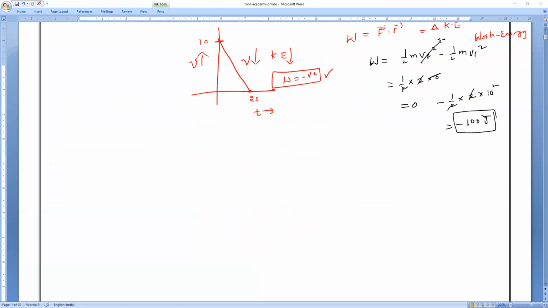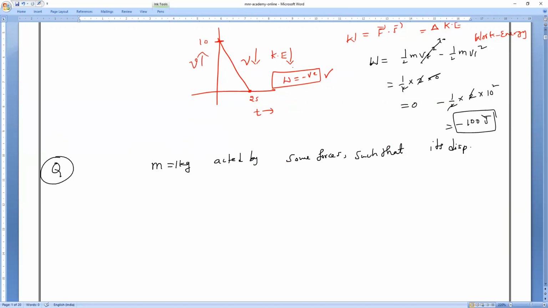Okay. Next, a similar question. I will write only the question, don't make it theory. The given mass is 1 kg, acted upon by some forces such that its displacement is given by S equals 2t square minus 2t plus 10.